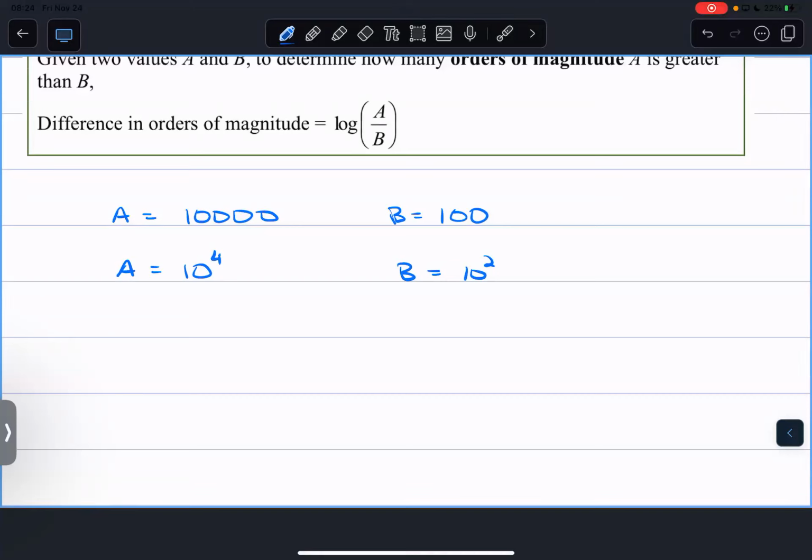I only do that because it's easier to do, especially if you don't have a calculator, but you will.